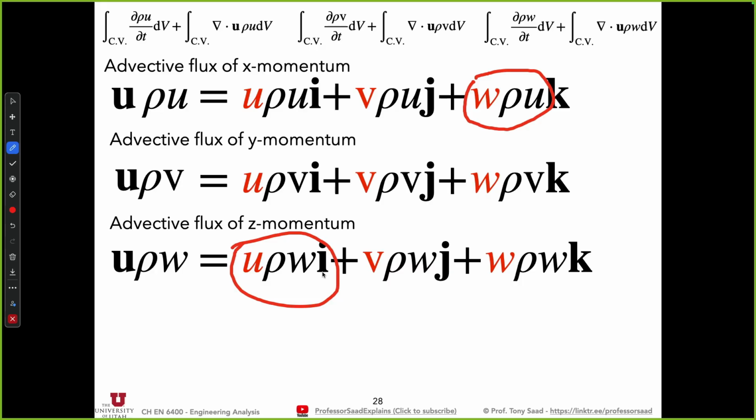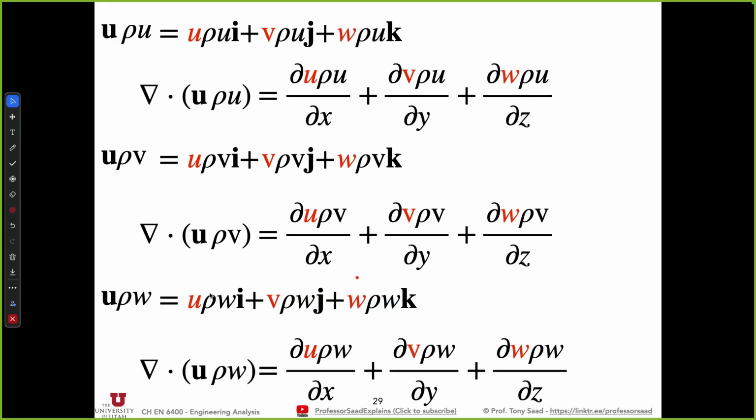But as you're building those equations, this is very important to know what you are advecting and what is being advected. Okay. Now comes the divergence. Remember, we have the divergence of u rho u, divergence of u rho v, and divergence of u rho w. It's simply the divergence of a vector field.